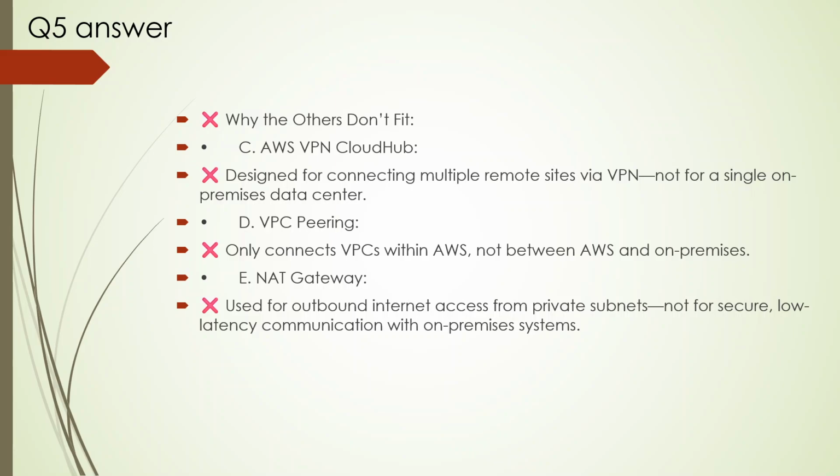VPC peering only connects VPCs within AWS, not AWS and on-prem. NAT gateways are used for outbound internet access from a private subnet, not for secure low-latency communication with an on-prem system.